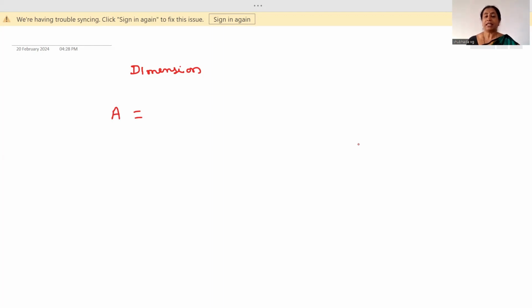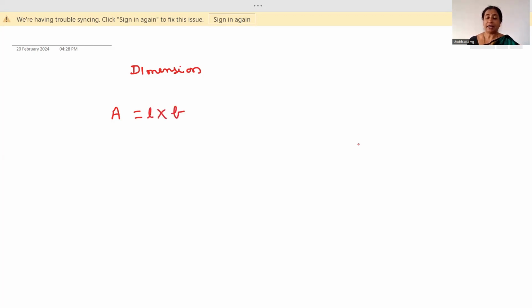This can be represented as the combination of two different lengths, whether it is circular, rectangular or square, whatever it is. Let us consider a rectangular area, and its area is given by length into breadth.